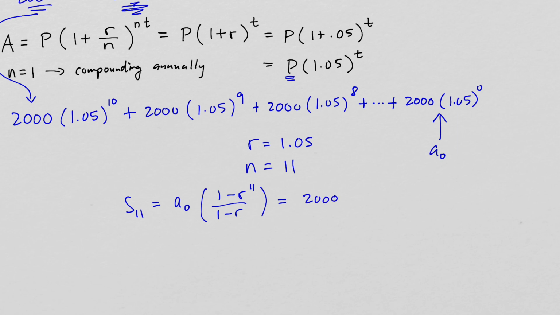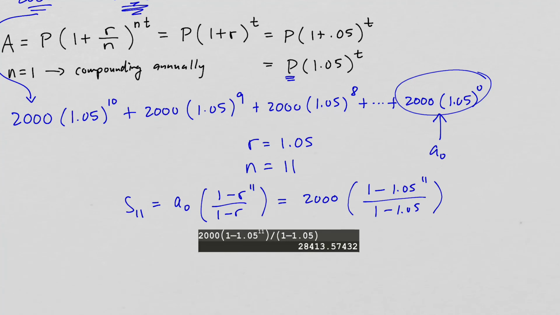That's the initial payment here, times 1 minus 1.05 to the 11th power, divided by 1 minus 1.05. And this I'll plug into a calculator. And the total that we get for this is this number right here. So that is $28,413.57. This is how much we'll have at the end of the 10th year.